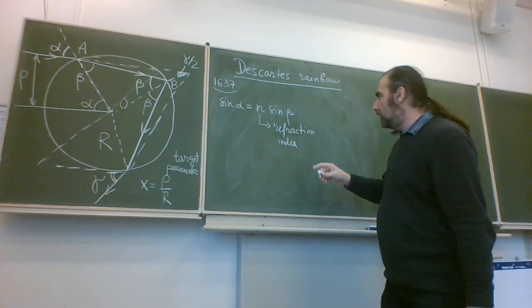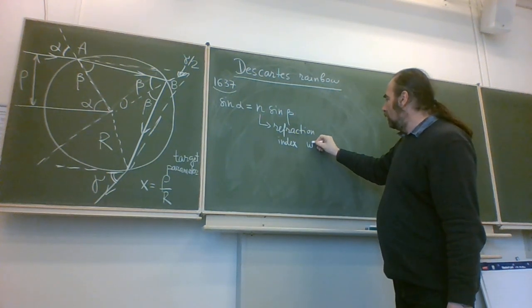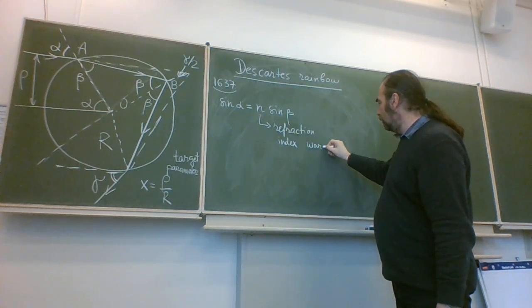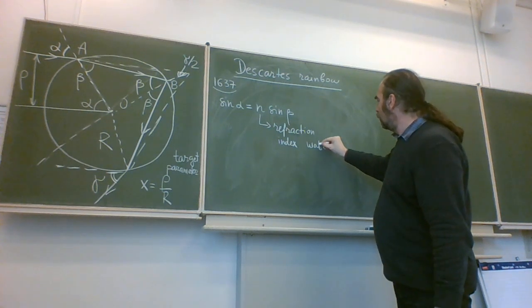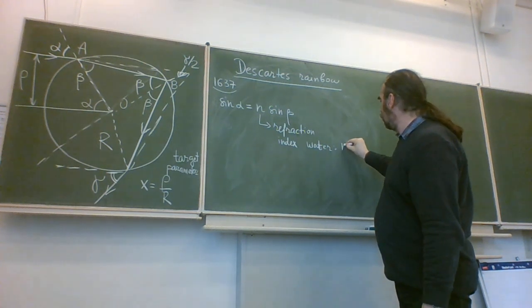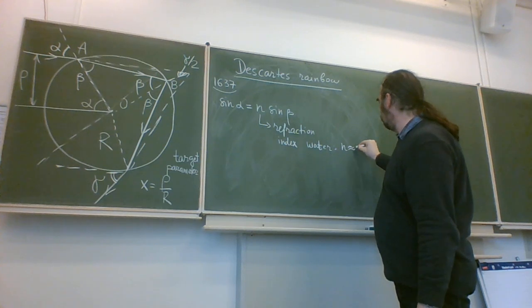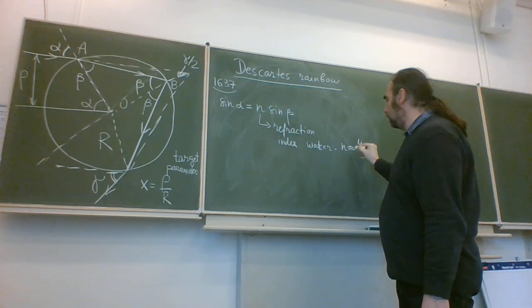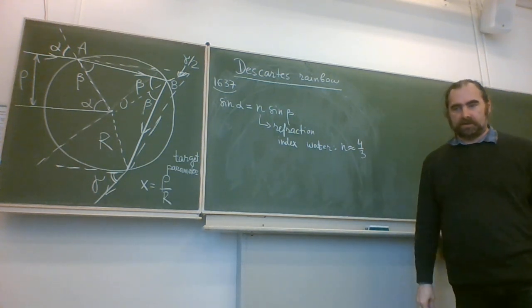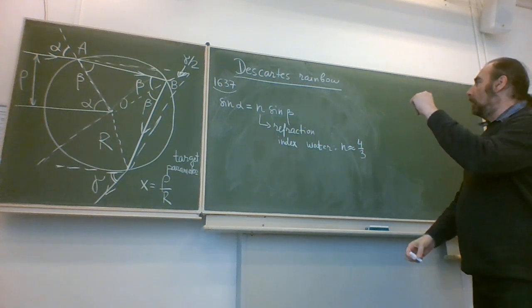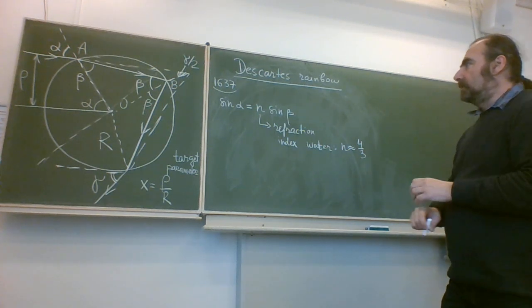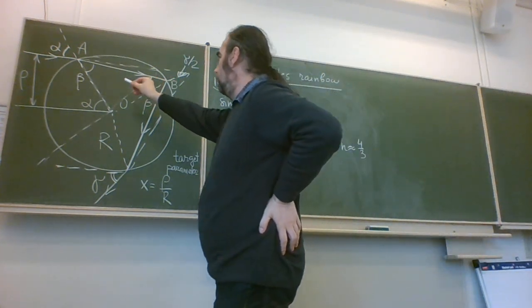And for water, n is approximately 4/3. Right. That's one relation. We related alpha and beta.